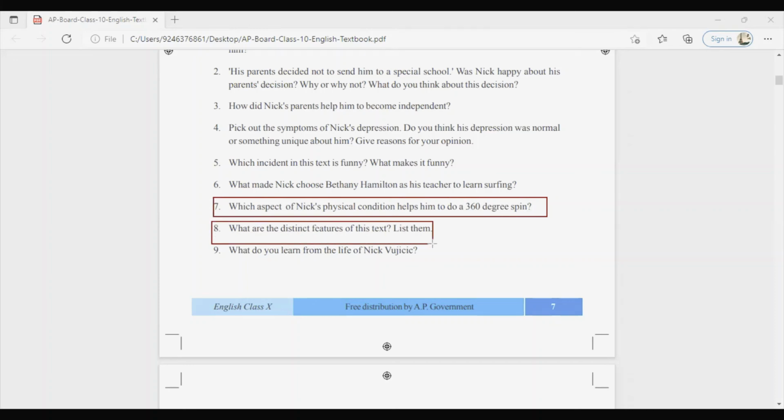What are the distinct features of this text? You can say this is an autobiography. The sentences vary from one to another. You can also say that the ideas are arranged in a logical sequence, and the ideas are exemplified very well. You can see the unity of ideas, maintaining the relation from one to another.